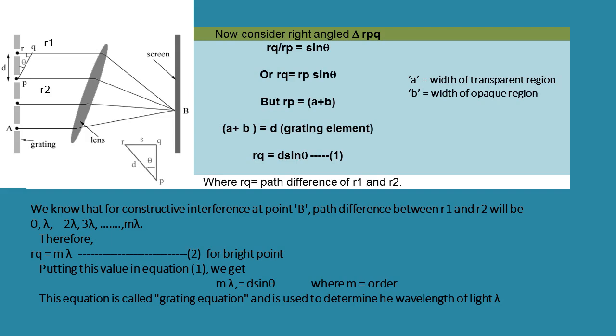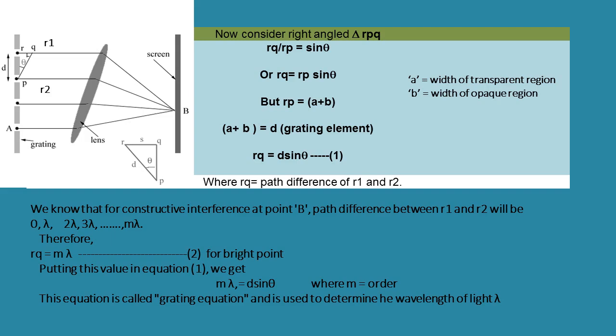Now we know that for constructive interference at point B, the path difference between R1 and R2 will be 0, lambda, 2 lambda, 3 lambda, or in general we can write m lambda, where m is equal to 0, 1, 2, 3, 4, minus 1, minus 2, minus 3, minus 4, and so on.